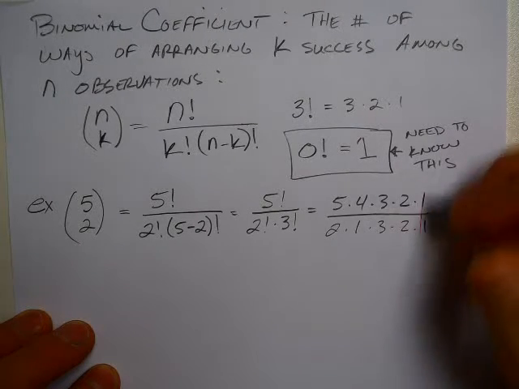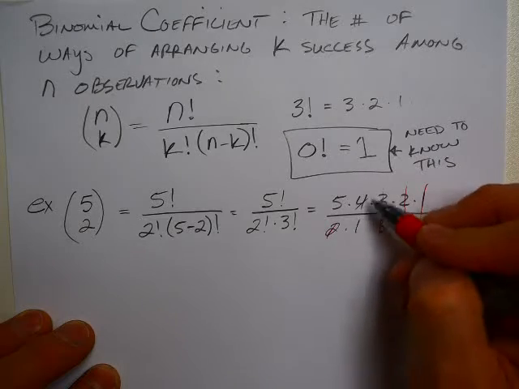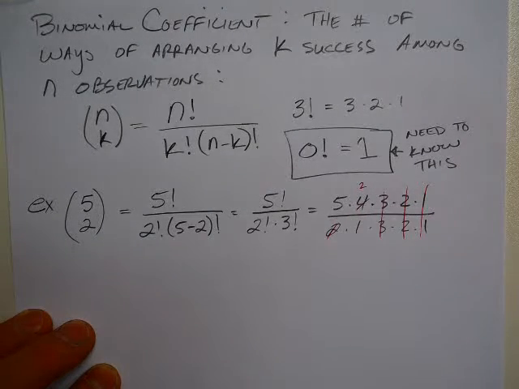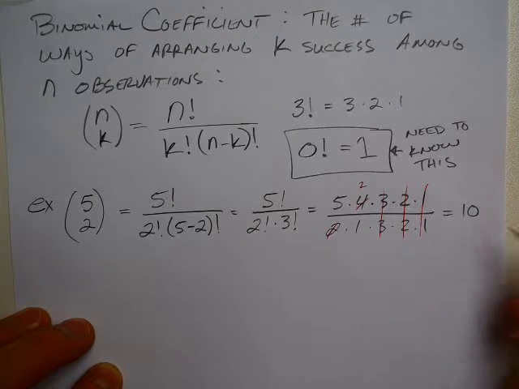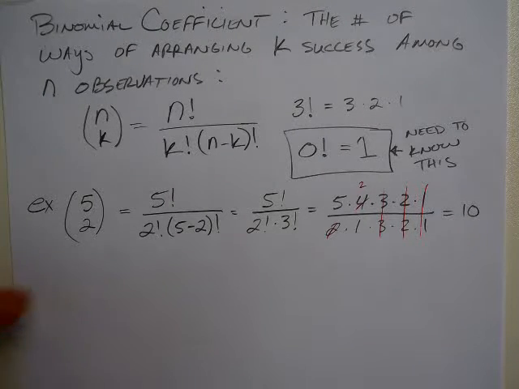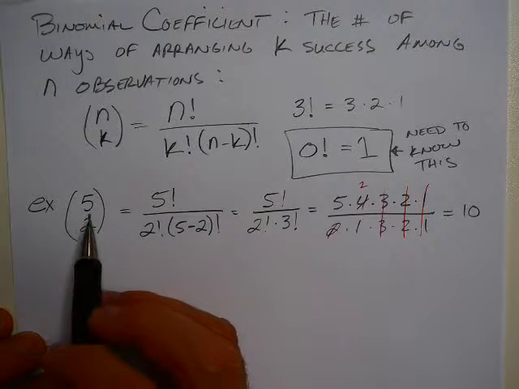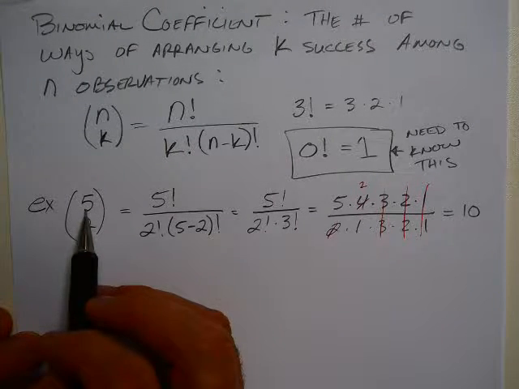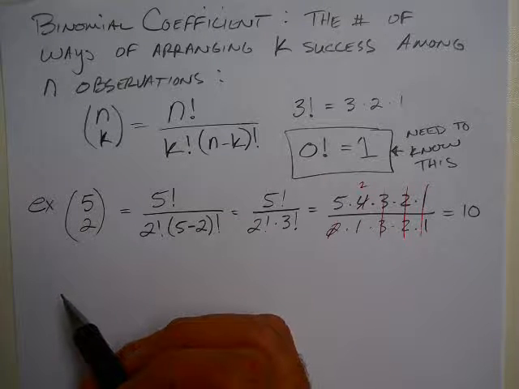The 2's cancel, the 3's cancel, and this 2 cancels with this 4, and it becomes 2 there. So what we get for an answer is 10. What this is saying is there are 10 ways that I can take 5 somethings and arrange them 2 at a time. Okay?